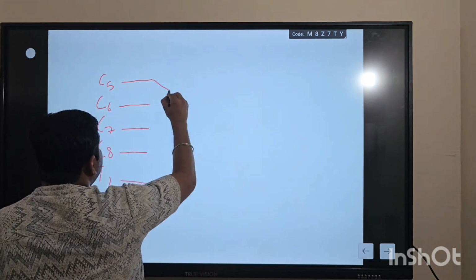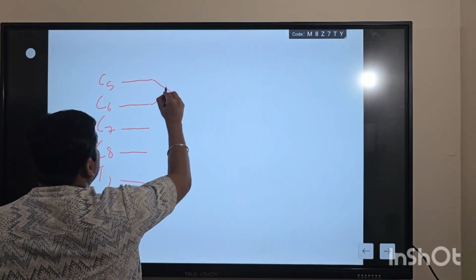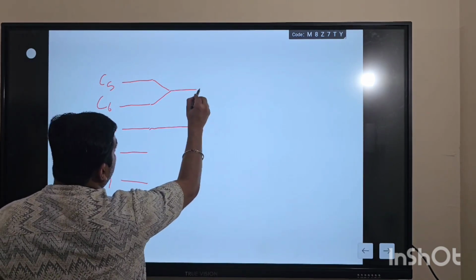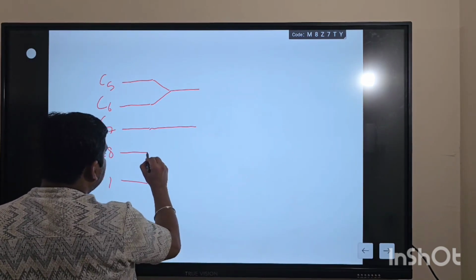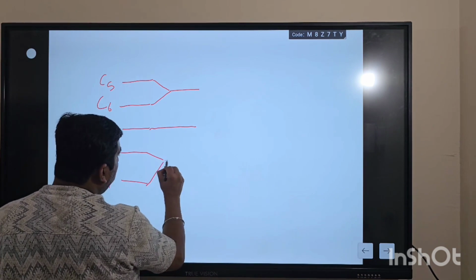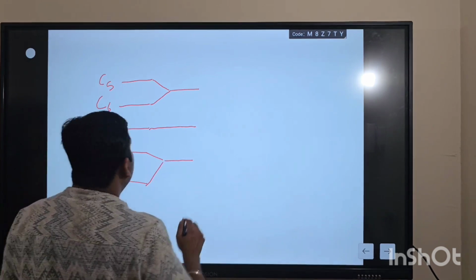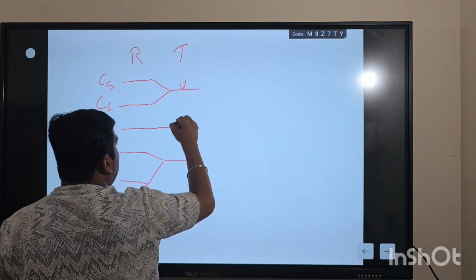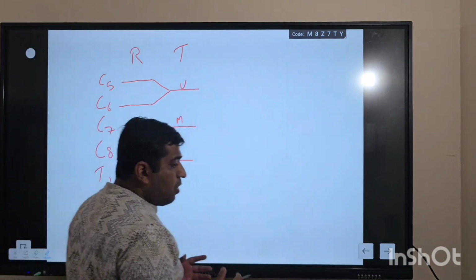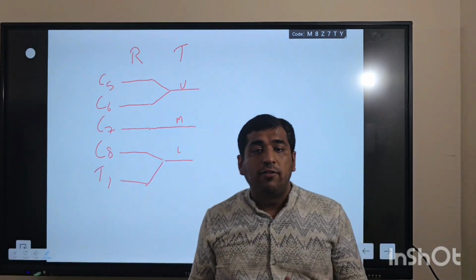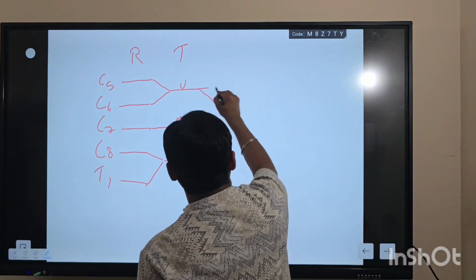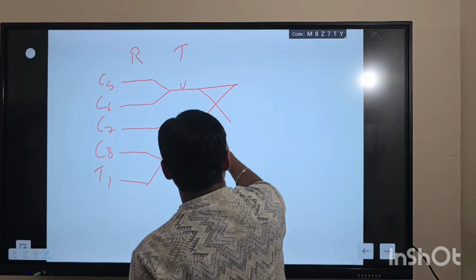So C5 and C6 combine to form the upper trunk, while C7 will continue as a middle trunk, while C8 and T1 will combine to form the lower trunk. These are the roots, these are the trunks, upper, middle and lower. These trunks give anterior and posterior divisions respectively. So we'll have anterior and posterior division.